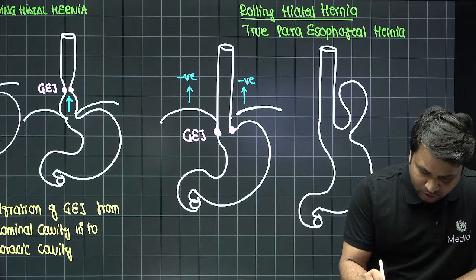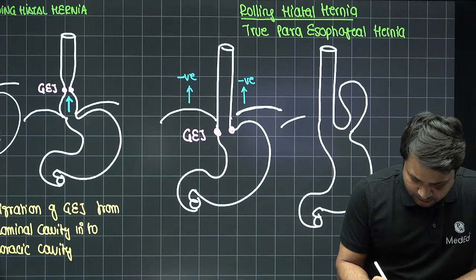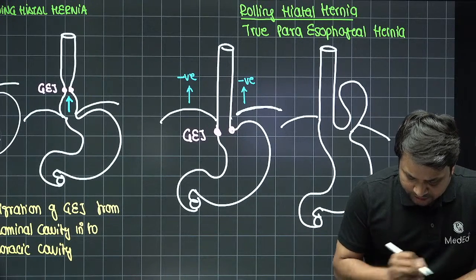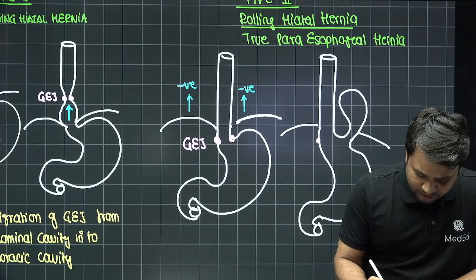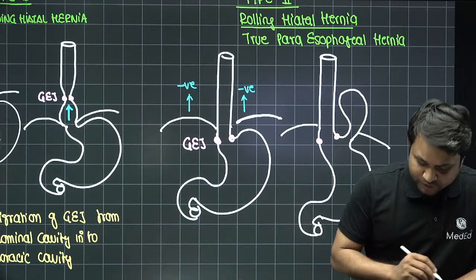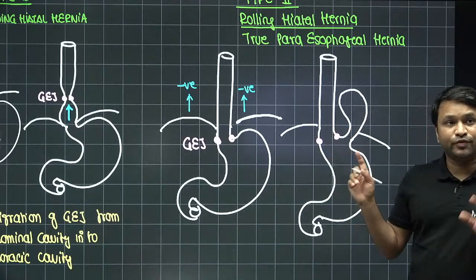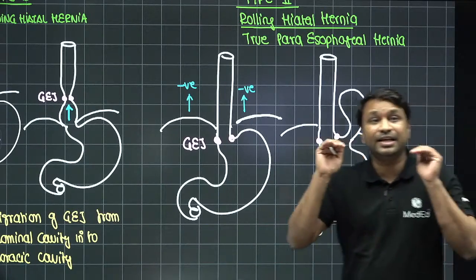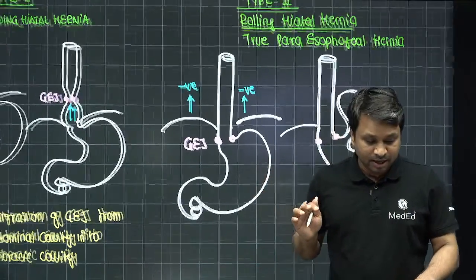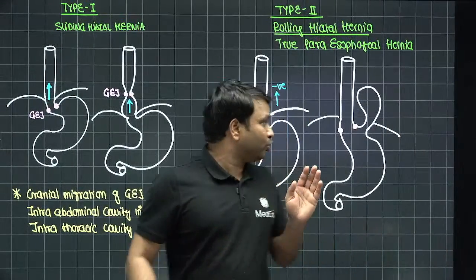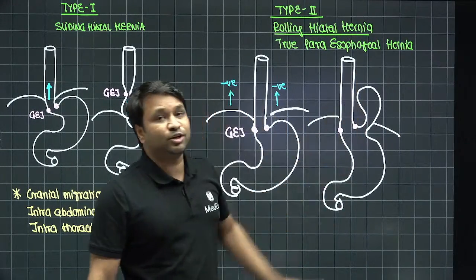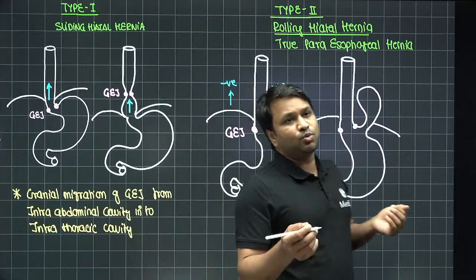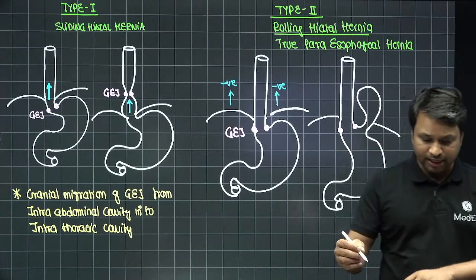So this is how the rolling hiatal hernia occurs. Now a couple of important things: the gastroesophageal junction still remains in the intra-abdominal space, right? But a part of the stomach invaginates into the intrathoracic cavity. This is what we call the rolling hiatal hernia.